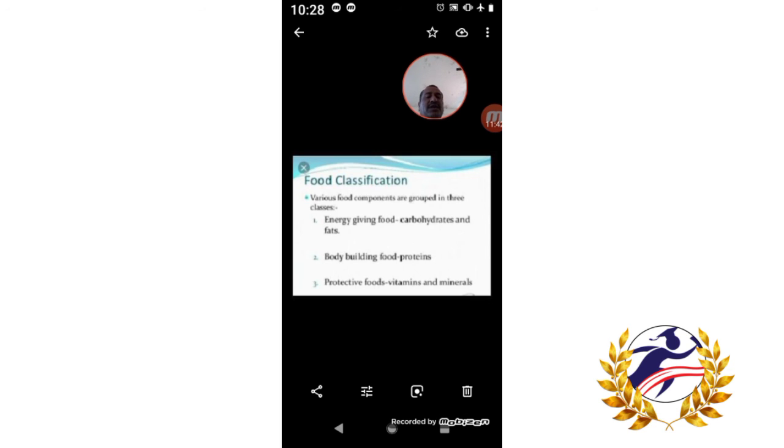As a result of that, diseases or disorders occur. What are the deficiency disorders or diseases? That is there on page number 15, and on page number 16 you have one table. You need to go through that table properly. As a result, you will be able to write your 1 mark questions and fill in the blanks properly.